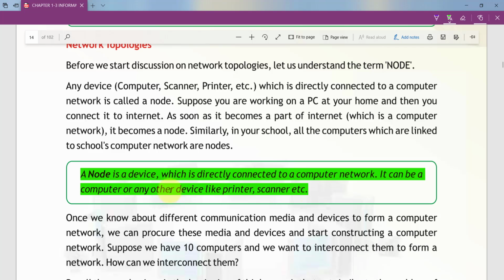It can be a computer or any other device like a printer, scanner, etc. So any device which is part of a network and communicates data and receives signals is called a node. I think you all understand about the node. All these devices come under the node.